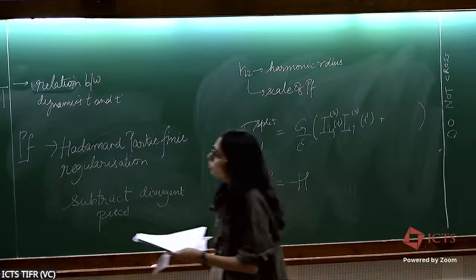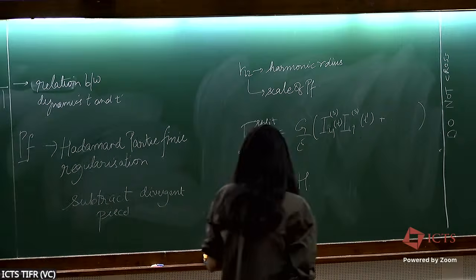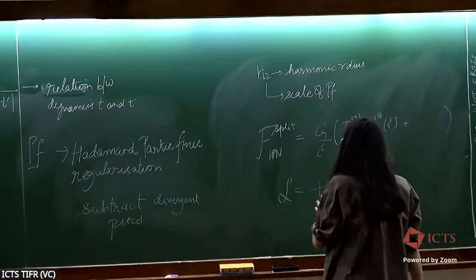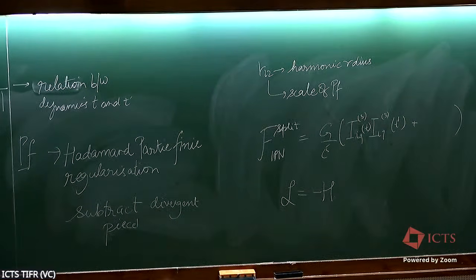Since there is no P dependence directly in F1PN, the Lagrangian is nothing but just equal to minus the Hamiltonian. And now the question is, how do we capture this non-locality that we have here, coming from the time integral, into this effective Hamiltonian that we wrote here?